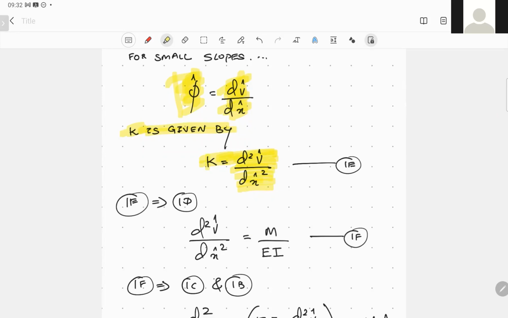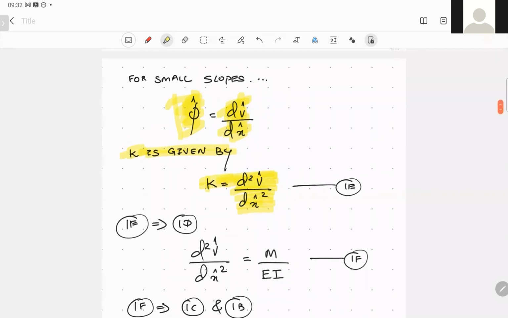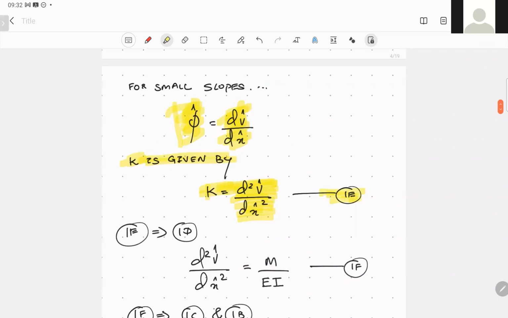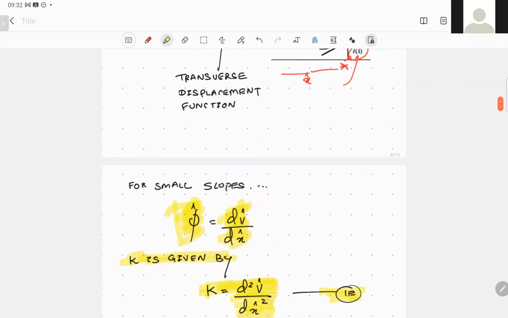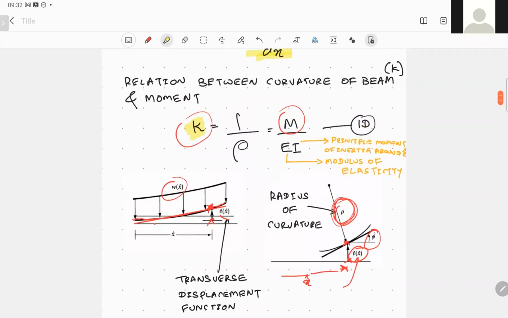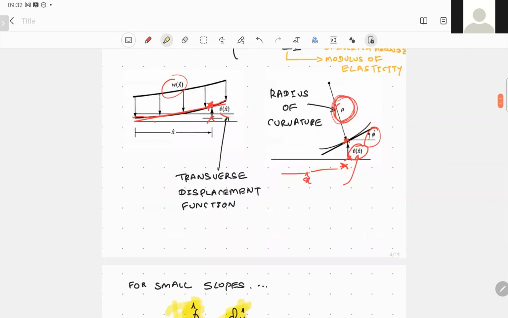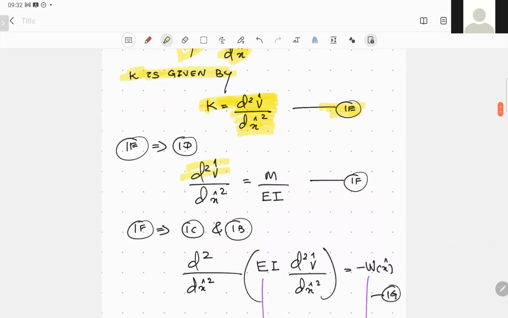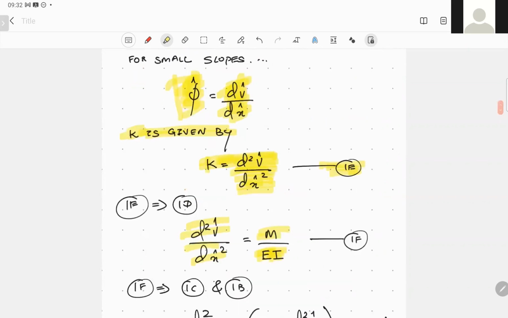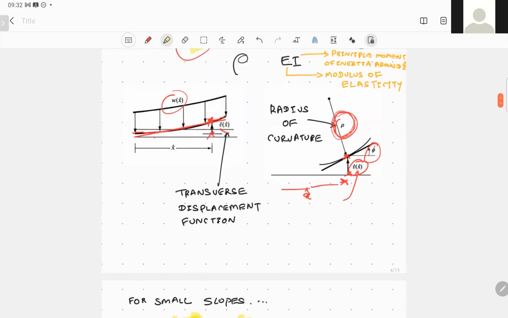Using this curvature equation, you can substitute it into this equation. What you end up with is a relationship between the transverse displacement, the bending moment, the modulus of elasticity, and the principal moment of inertia along the z direction.